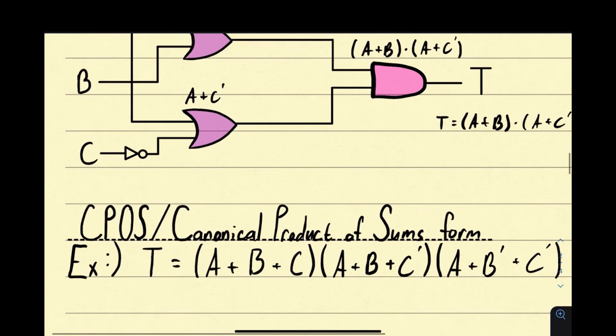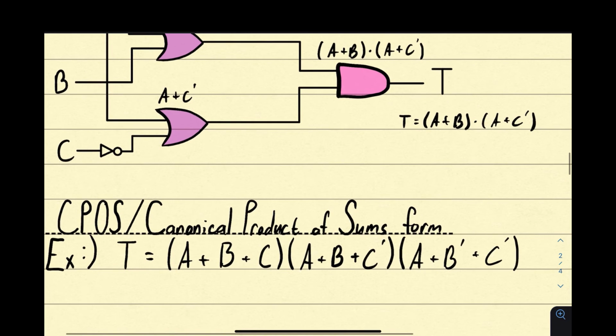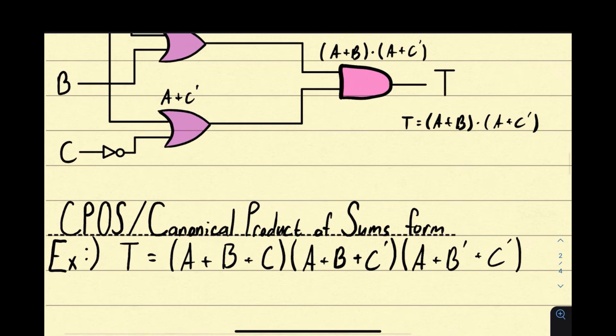So down here I have the CPOS, canonical product of sums form, and similarly in definition, at least, it's the same. Canonical forms are just the extended versions of, well, I guess here, because we're dealing with OR terms, everything here is in its max term, but in the canonical form, you have every variable present.